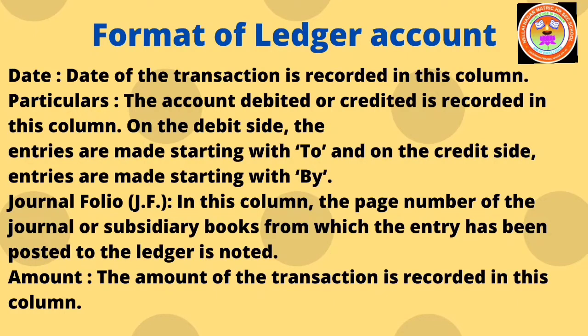Journal folio, JF. In this column, the page number of the journal or subsidiary books from which the entry has been posted to the ledger is noted. Amount. The amount of the transaction is recorded in this column.